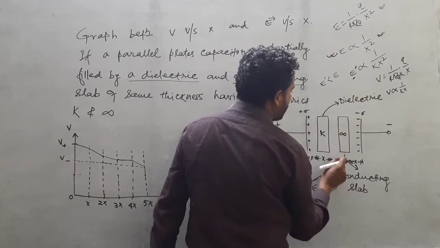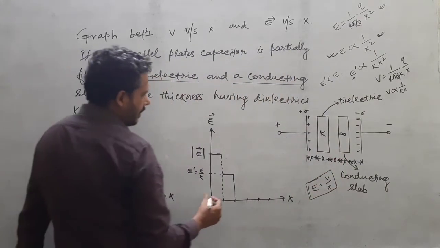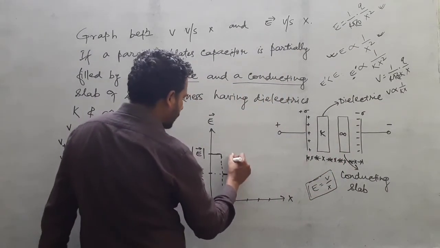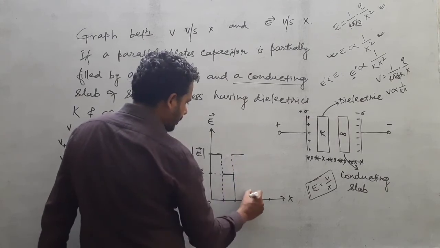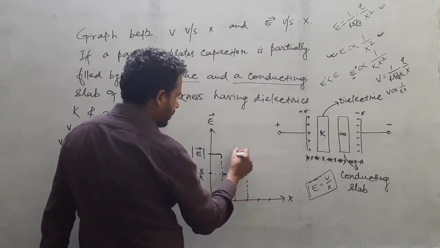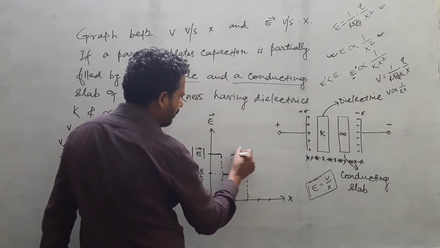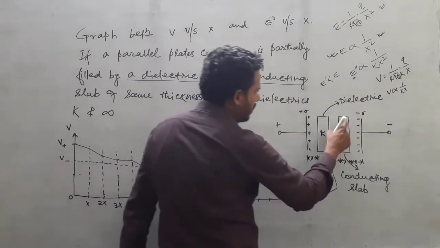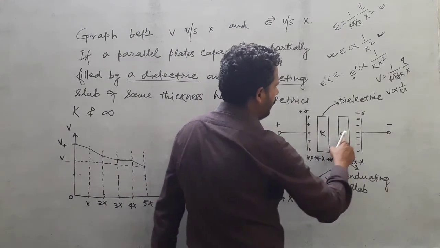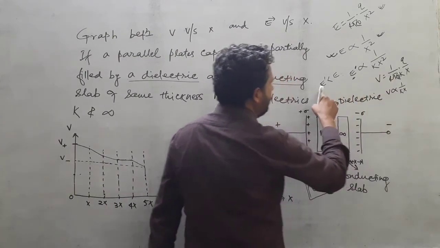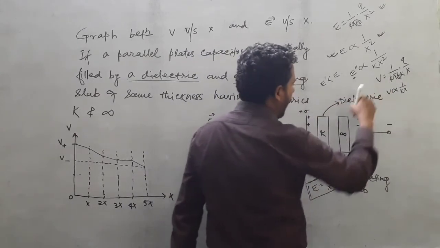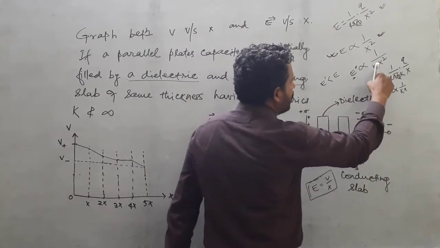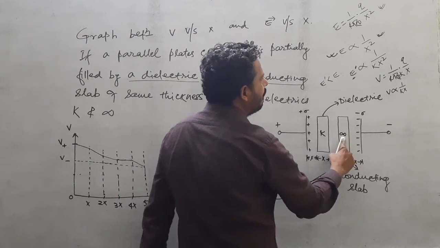For this space separation, your field will be again here. So this one is your electric field. Now whenever we talk about this, you need to use this relation. In this relation you have to put in place of k the dielectric constant infinite.